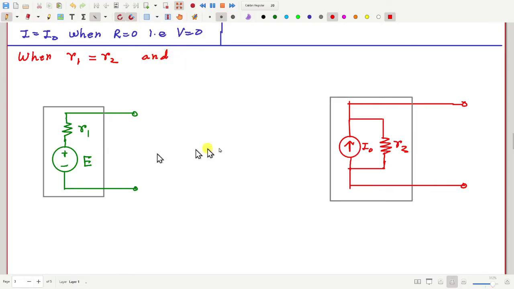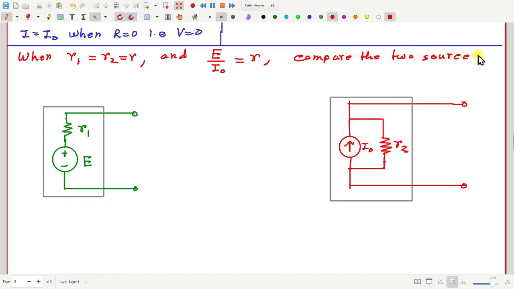Also E and I naught are related as E by I naught equal to R. Let me call R1 equal to R2 equal to R, and E by I naught is equal to R. Under that situation, compare these two different sources.